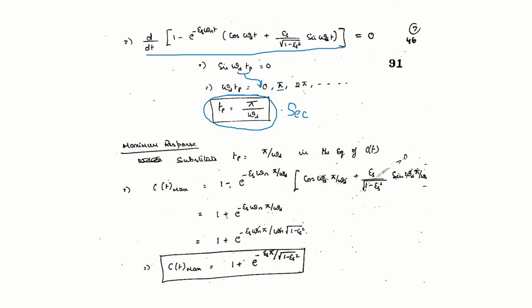Sin pi is 0, cos pi is -1, so minus into minus it will become plus. So you'll get this one. But omega_d is again omega_n under root 1 minus zeta square. This omega_n will cancel. You will get C(t) maximum, this value. Okay, right. That is the maximum response.